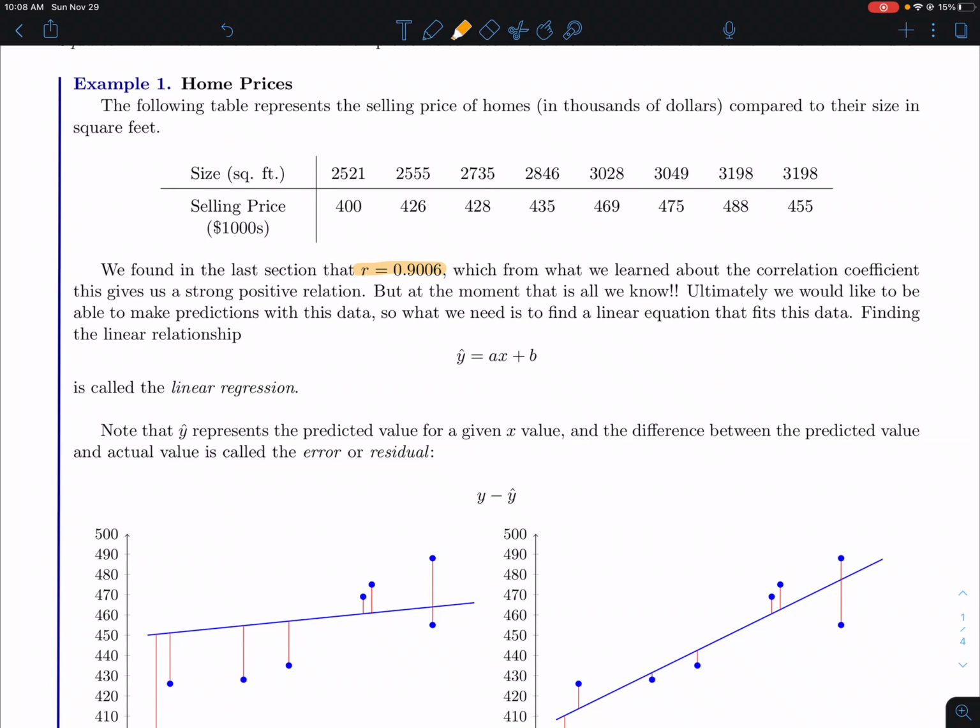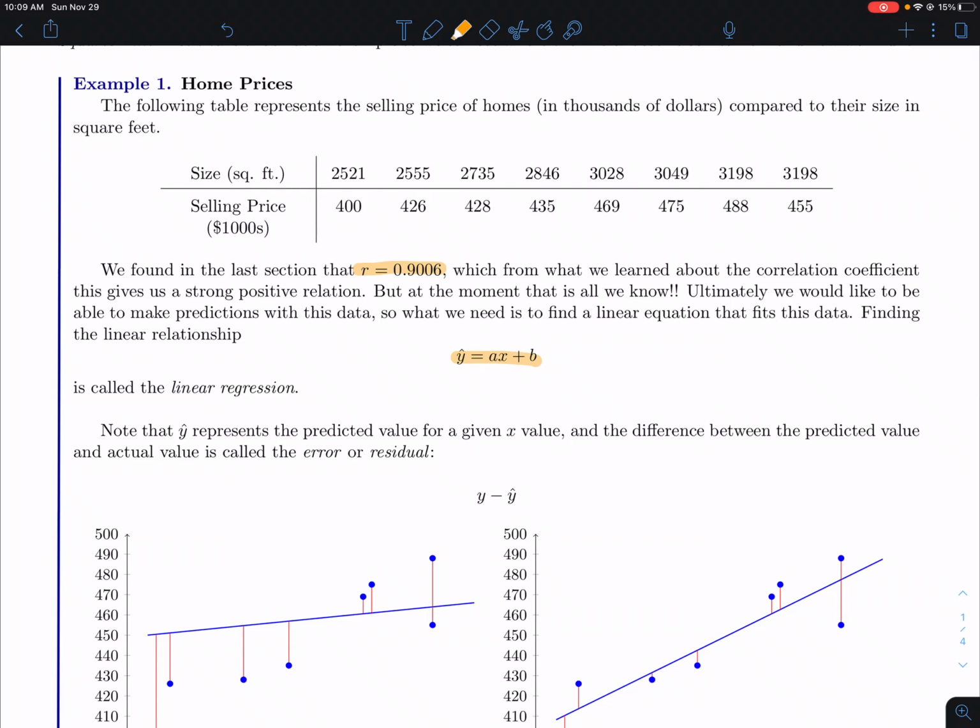We're trying to come up with an equation in y equals mx plus b form. In statistics, we don't use the m for slope because m could mean median or midpoint or something like that, so we use the a to represent our slope.